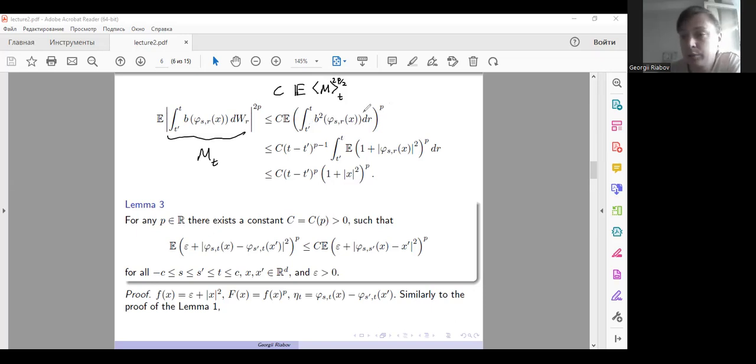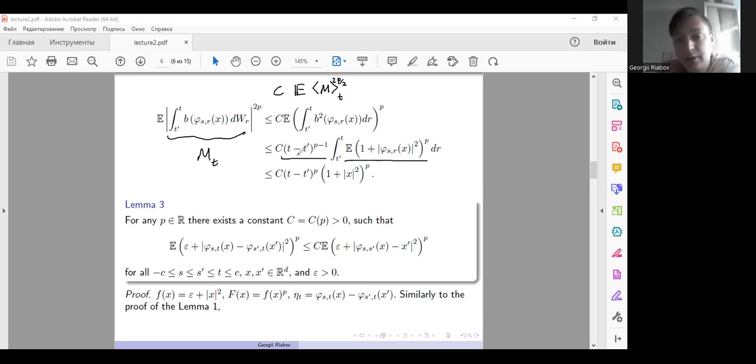And now we do the same as with the first integral. We put p inside, which gives us an additional factor (t minus t prime) to the power p minus 1. And under the integral, we obtain b to the power 2p, use the Lipschitz property of b, and use the estimate that we already know.